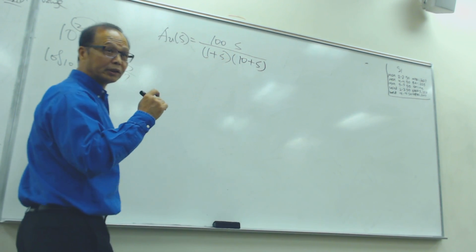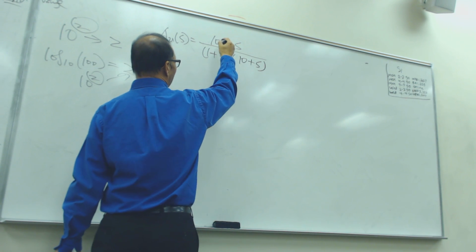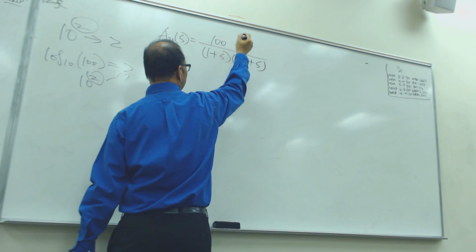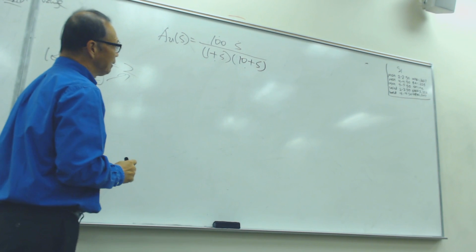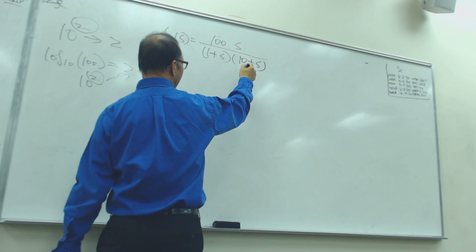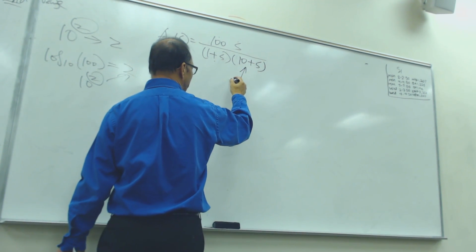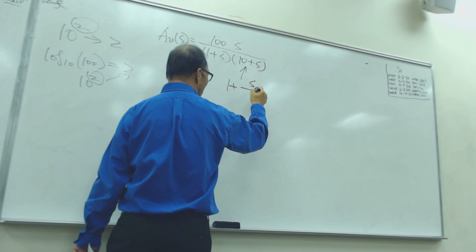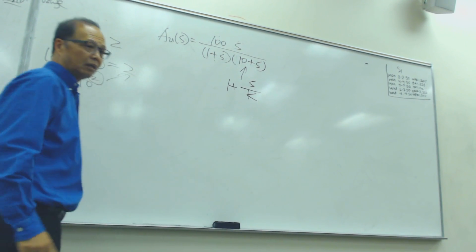There are several components. So basically, you have 1 component, 2 components, 3 components, 4 components. Then this one, we typically want to put this into 1 plus S over some constant.